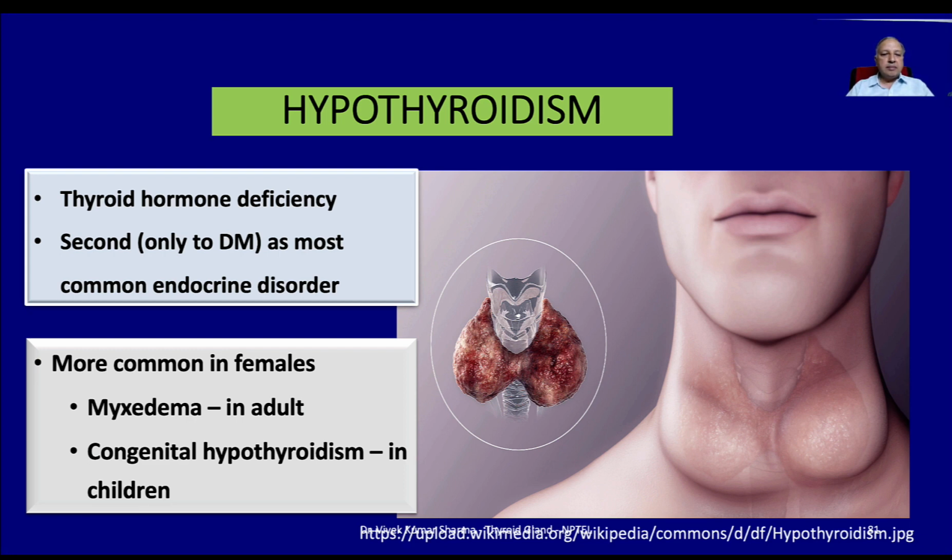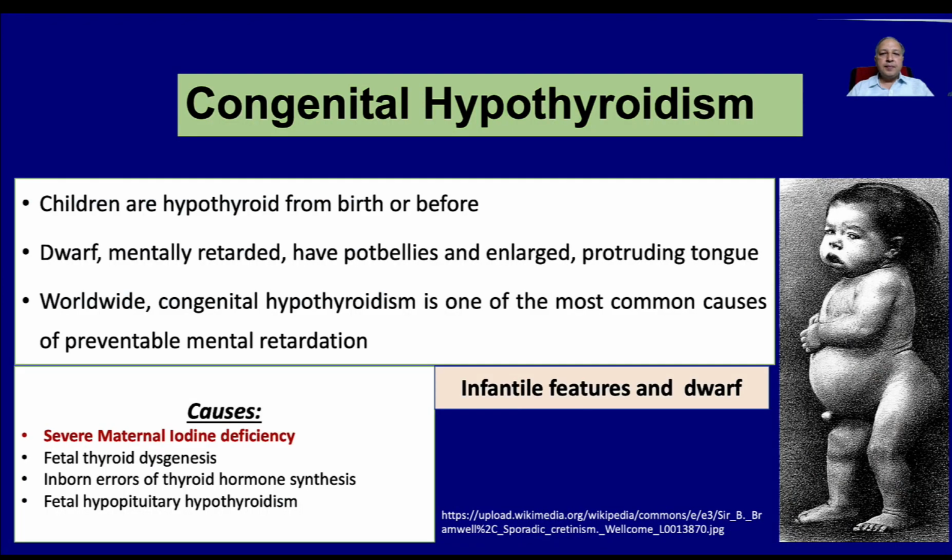It is called myxedema in adults, and in children it represents itself as the congenital hypothyroidism, or also called cretinism. Congenital hypothyroidism. In this condition, the children are hypothyroid right from the birth or before. The clinical features include that they are dwarf in stature, mentally retarded, they have pot bellies and enlarged protruding tongue.